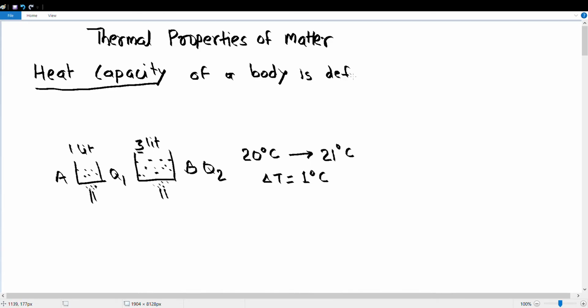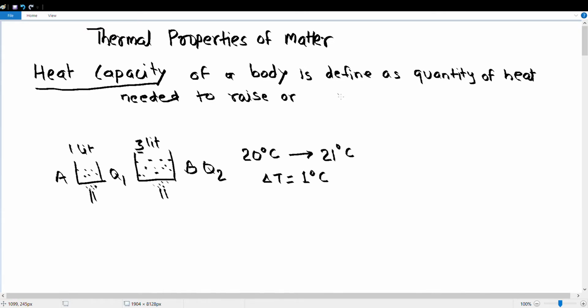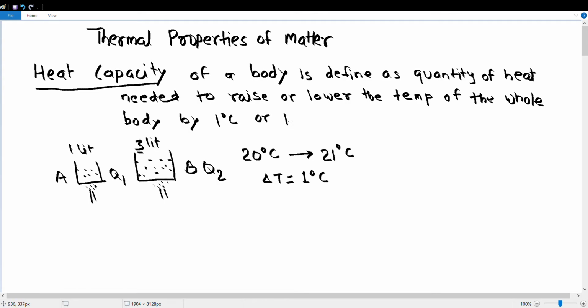This heat capacity of a body is defined as the quantity of heat needed to raise or lower the temperature of the whole body by 1 degree Celsius or 1 degree Kelvin.